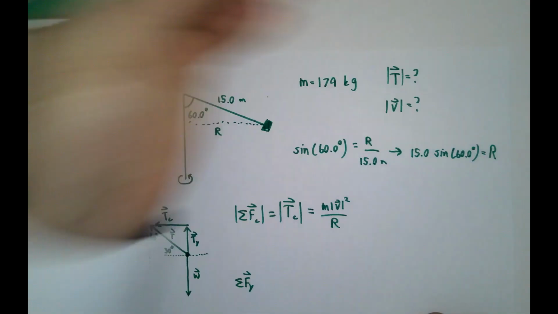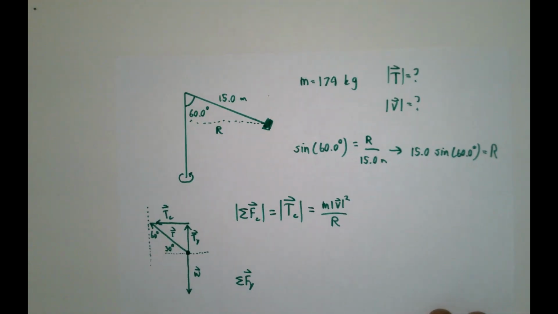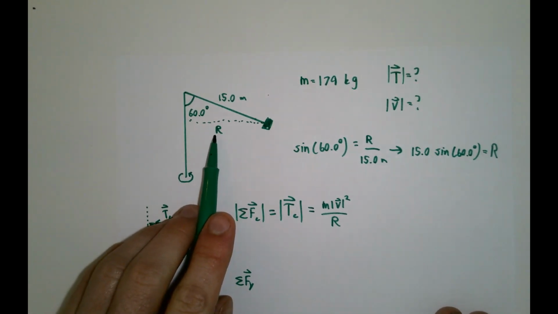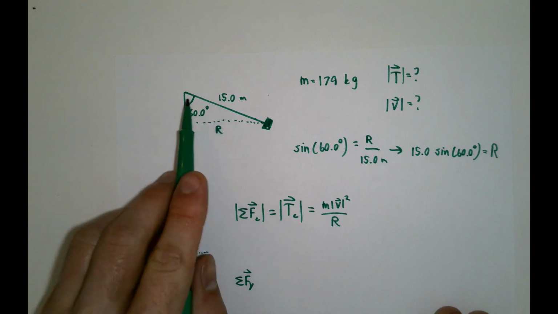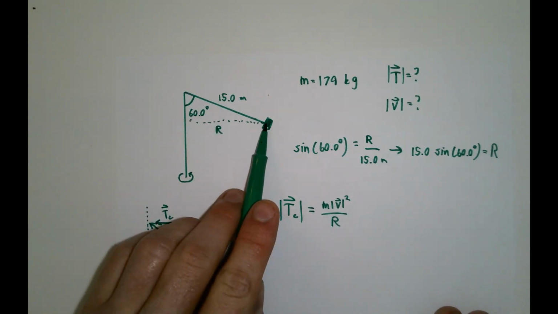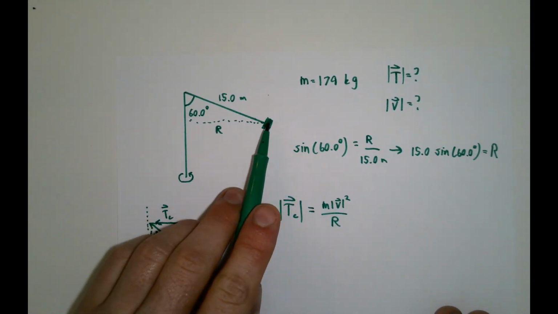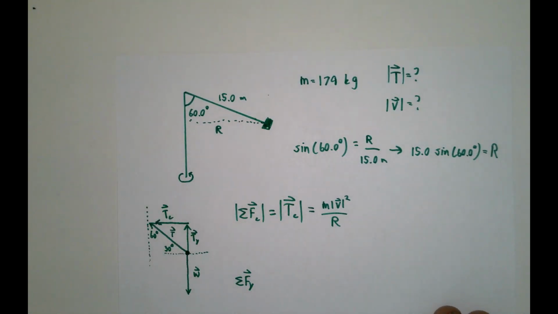That's my radius. All right. Good. That was a little tricky because it's not immediately apparent that I need to do that, but that is the actual radius of the circle that this object is traveling around. It's not 15. If it was 15, then this part of this rider would be all the way up here. He'd be over here. Since he's dipping down, then it's actually less than 15.0 meters. Okay, we have the radius, great.